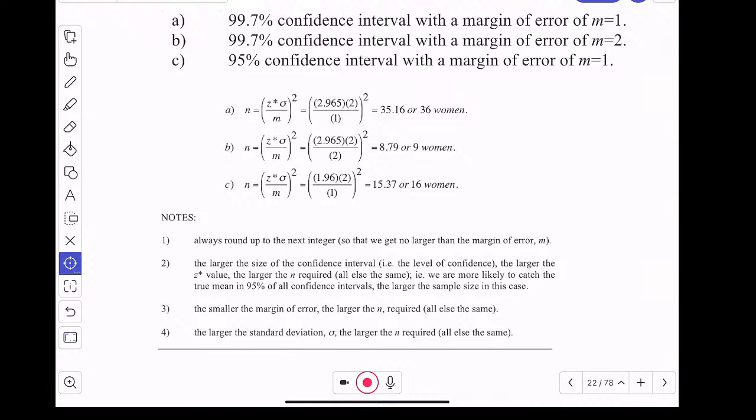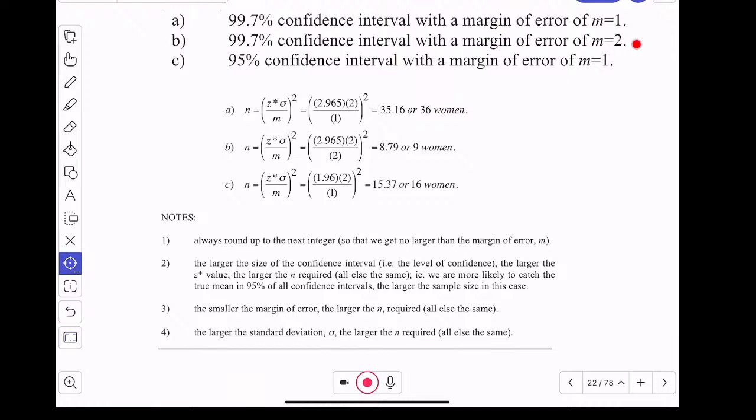And you want to restrict that for your report or your analysis, whatever it is that you're demanding, that it have a margin of error of 1 in your estimate. So 36 women should be sampled to achieve this precision.